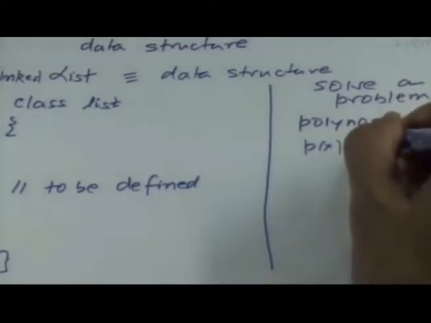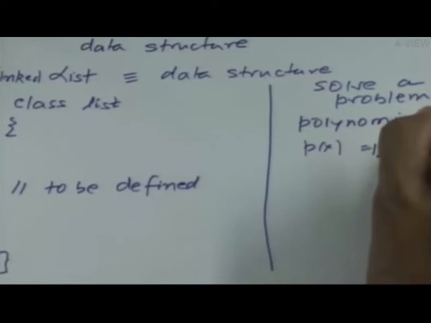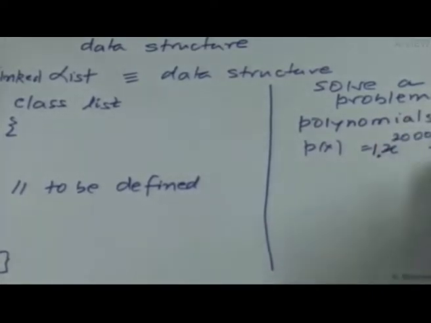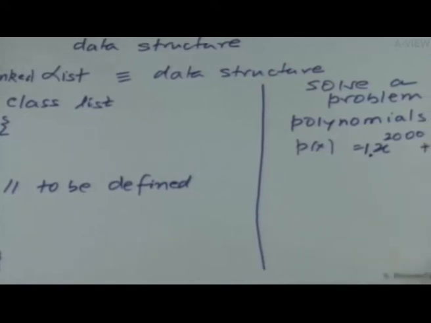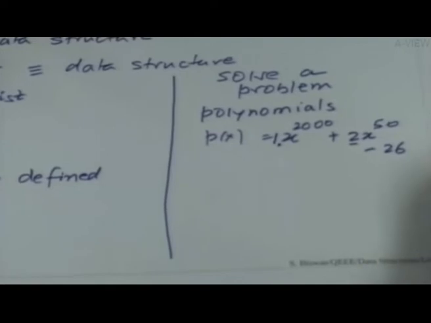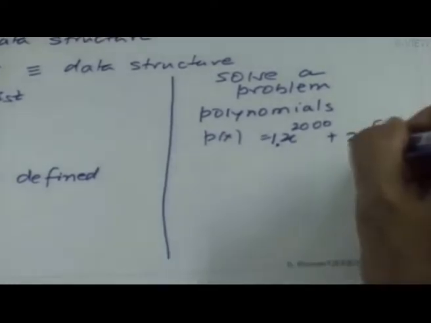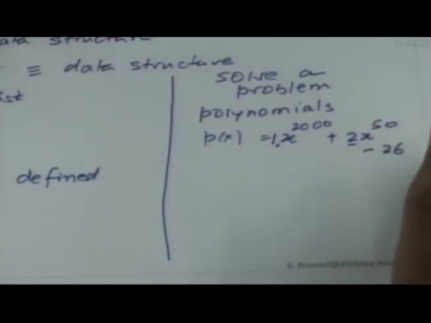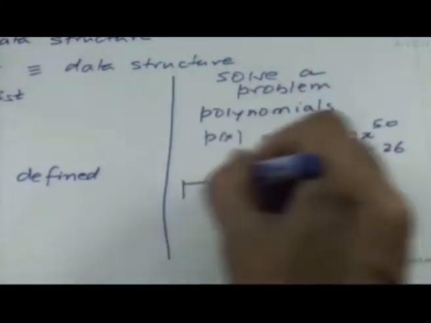The first term has coefficient 1, exponent 2000. The second term has coefficient 2, power 50. The third term has coefficient minus 26, power of x is 0. What will people do? They'll say, of course I can use an array. Please go ahead and use an array.